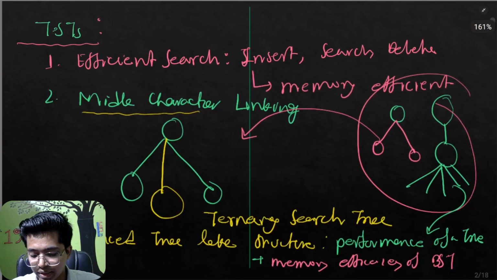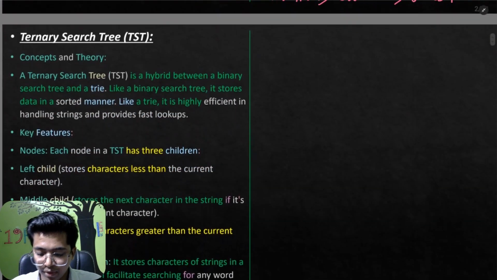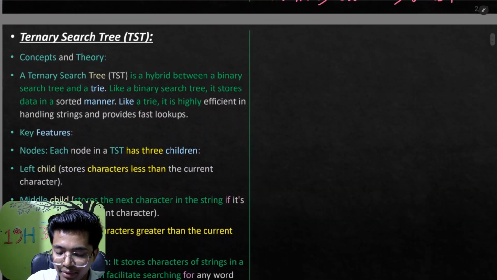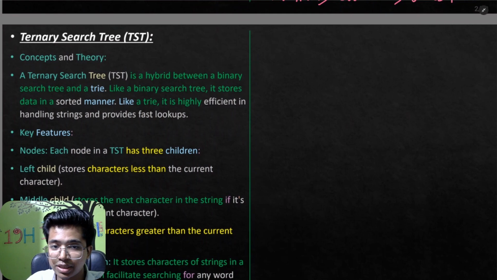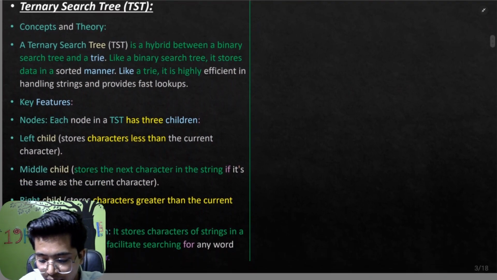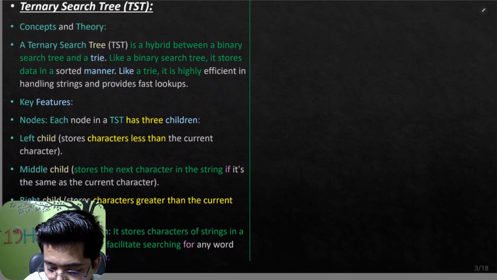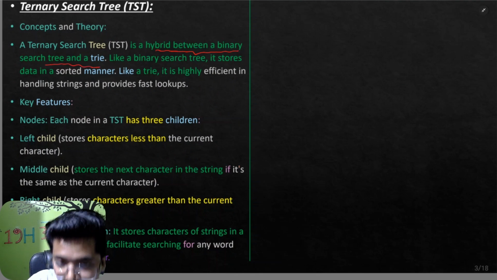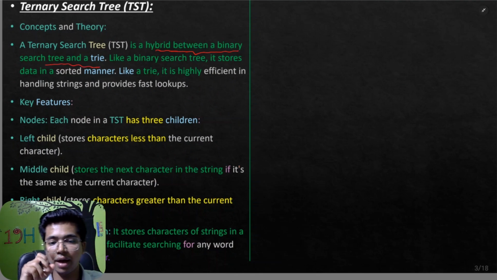Now let's move to the next concepts. As I told you, a ternary search tree is a hybrid between a binary search tree and a trie.